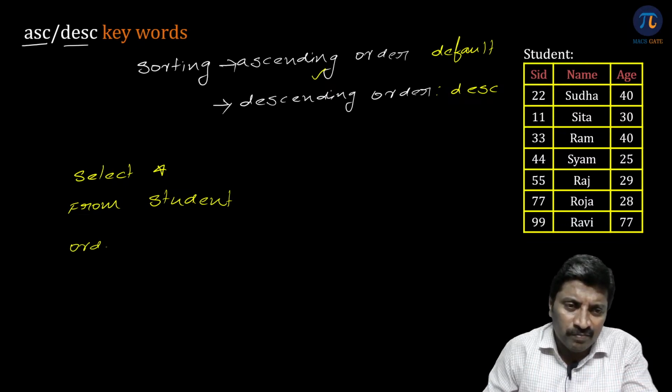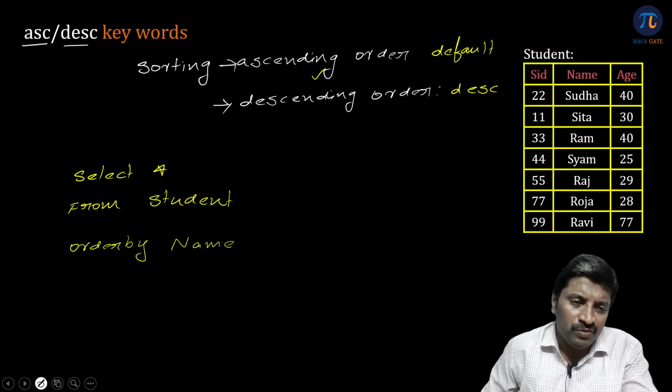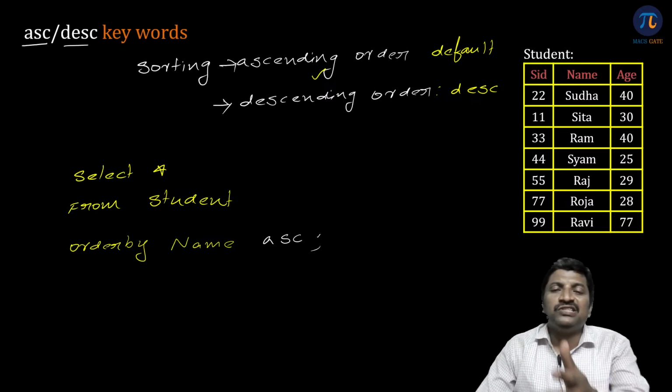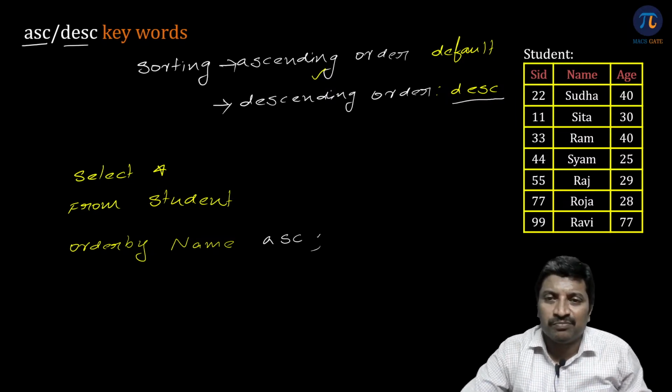Order by name. If you want alphabetical order from small letter to big letter, ASC. If you want descending order, you specify DESC.